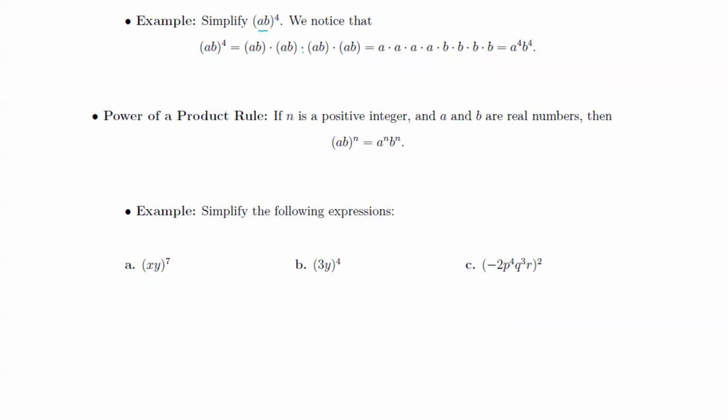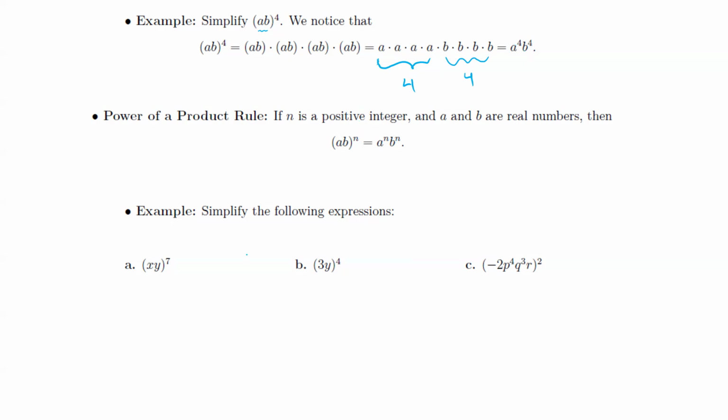But then because we know that multiplication is commutative and we can write things in any order we'd like, we could put all the a's first, 4 of those, and all the b's second, 4 of those, which would just be a to the fourth times b to the fourth. So the result of that is if you have two things multiplied and you raise them to the same power, then you can individually raise them to that power and then multiply after that.